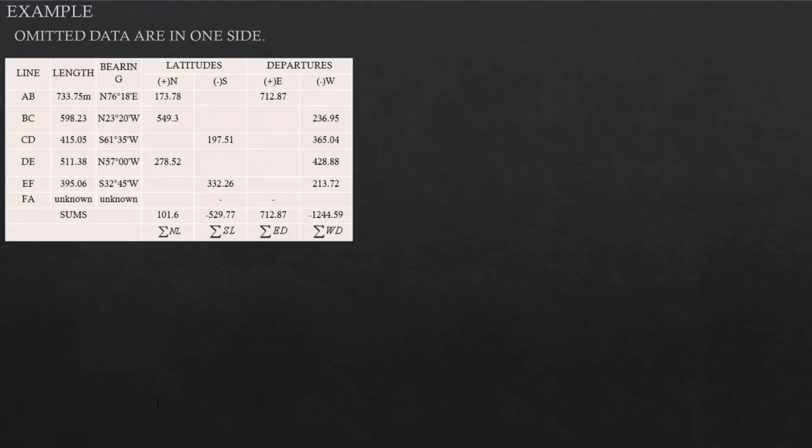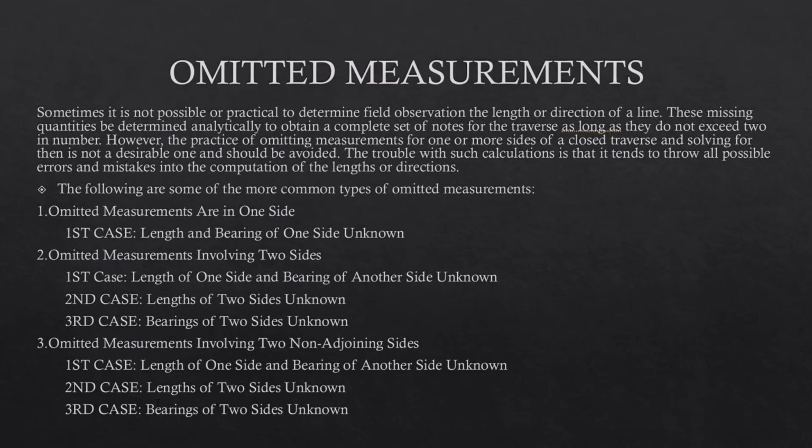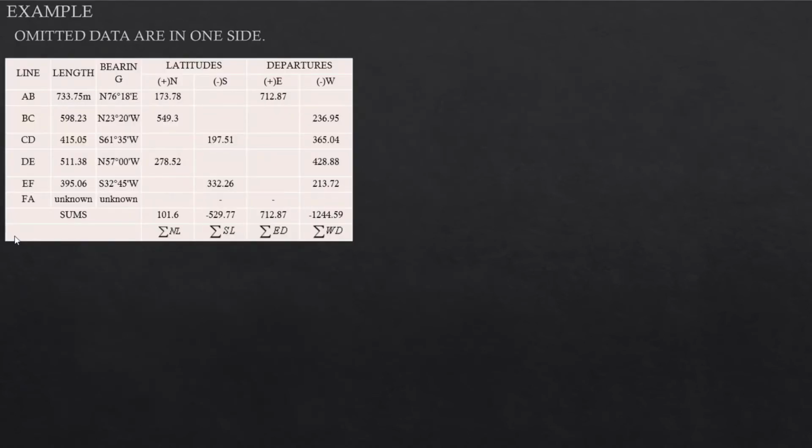Okay, so example tayo. Doon muna tayo sa first. Bigay tayo ng example isa-isa dito sa tatlong types ng omitted measurements. Okay, so first, omitted data are in one side. So, wala yung FA, ang unknown. So, walang length ng FA, wala ring bearing ng FA.